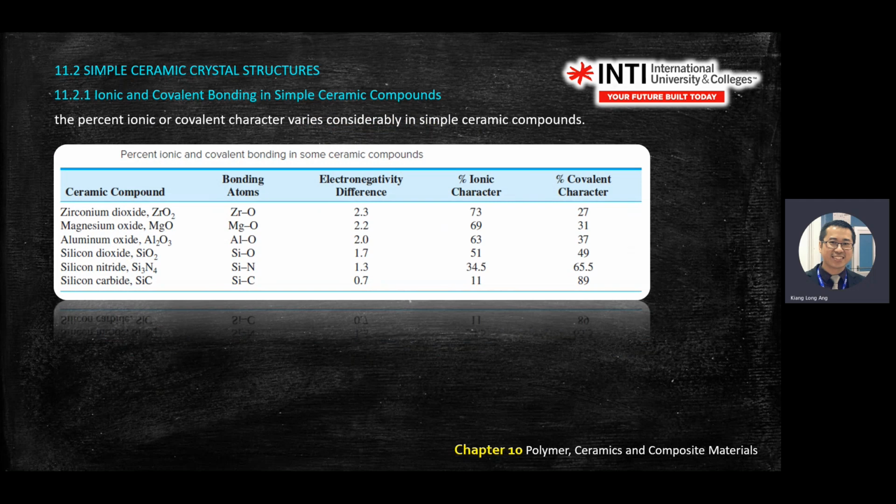So they are very easy to identify as ceramic material. So you can see the bonding, electronegativity difference, percentage of ionic character, covalent character. So there is a calculation to calculate the percentage. Also for ceramic, later there will be an equation to calculate the ionic character and covalent character. Okay.